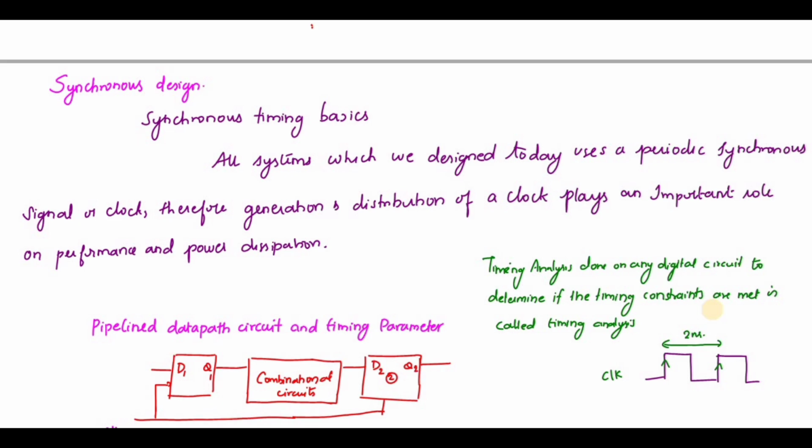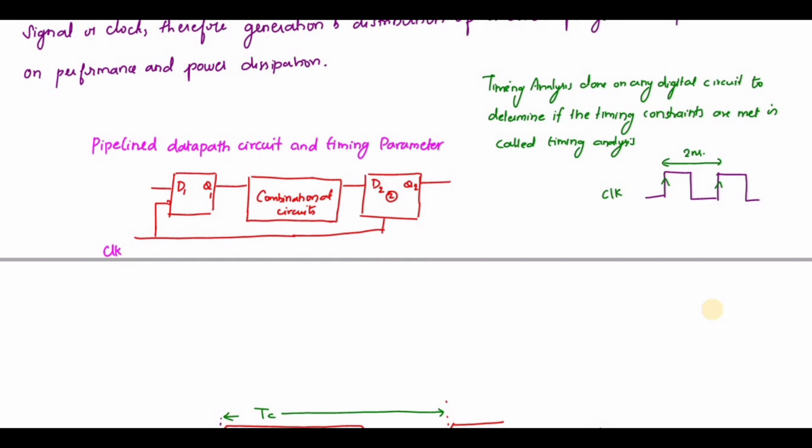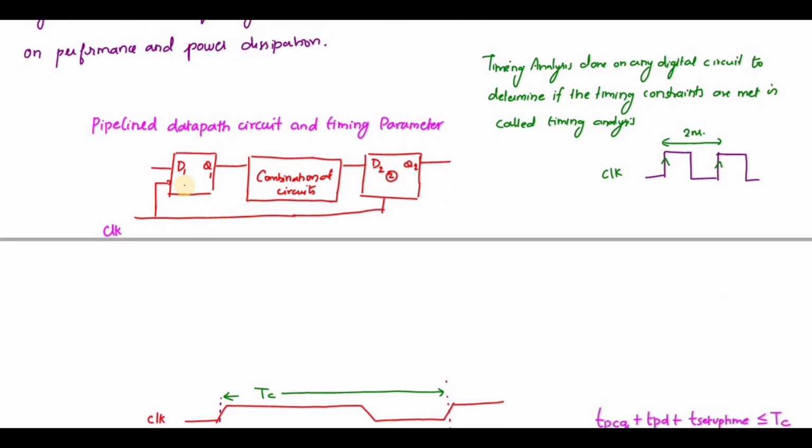Okay, so let us discuss the timing parameters. This is a pipeline data path. It consists of two registers, register 1 and register 2. So first, what is TCQ? TCQ is the maximum propagation delay of this register.